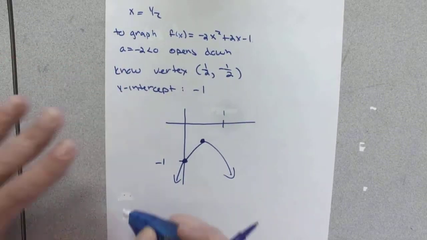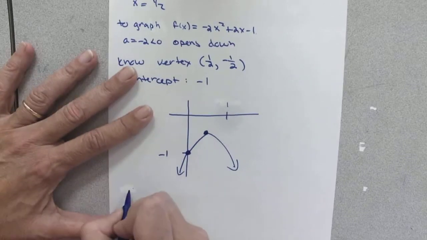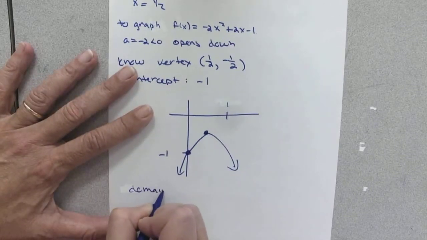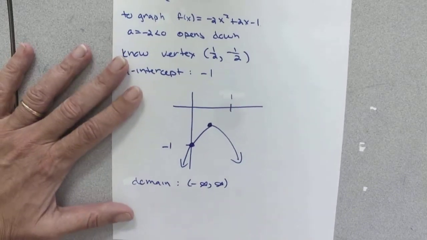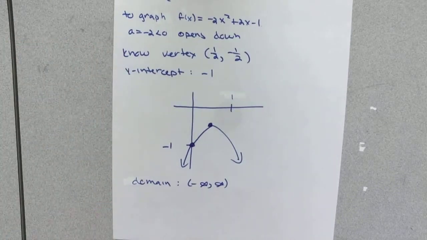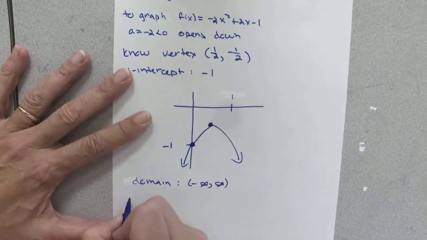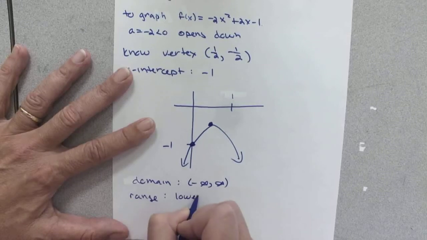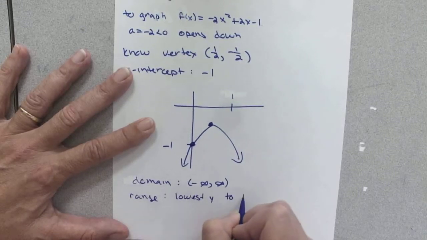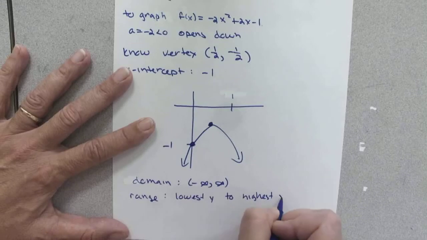Domain. As we've said each time, the domain is always for all parabolas, all quadratics, negative infinity to infinity. The range is always your lowest y-coordinate to your highest y-coordinate.